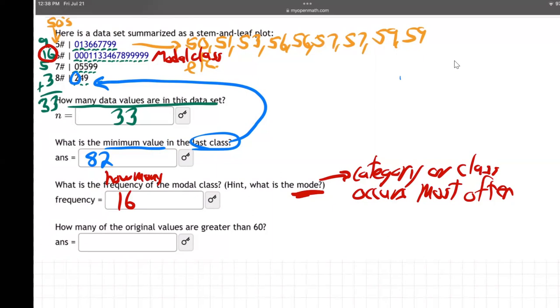And finally, how many of the original values are greater than 60? Starting right here, all of these are greater than 60. Make that a little smaller.